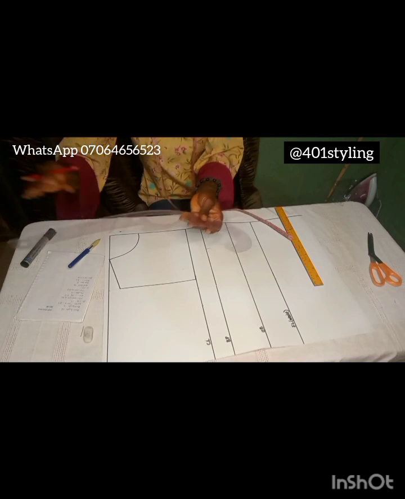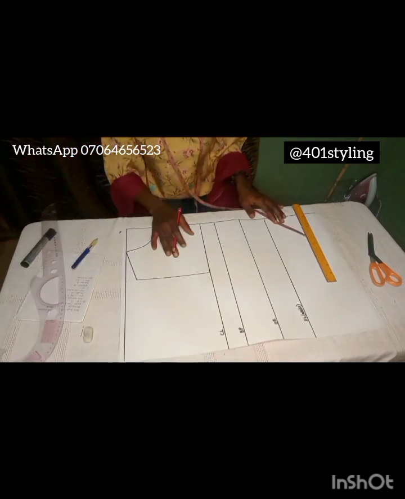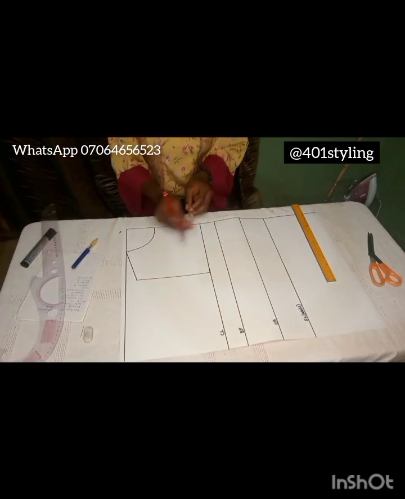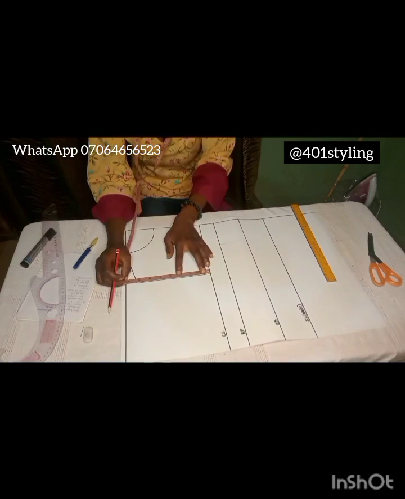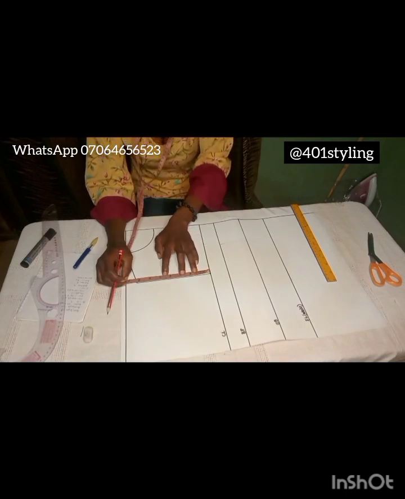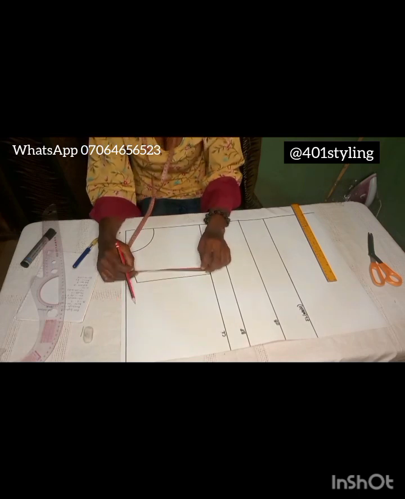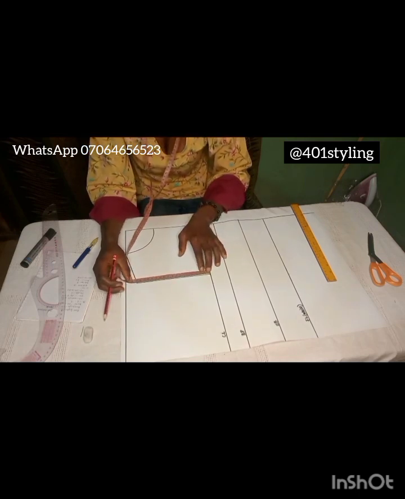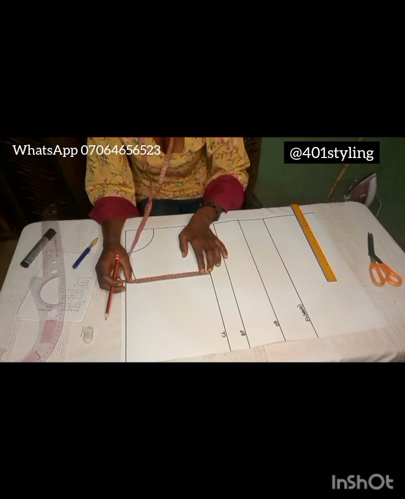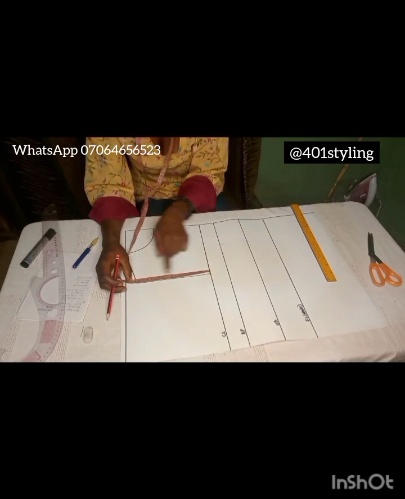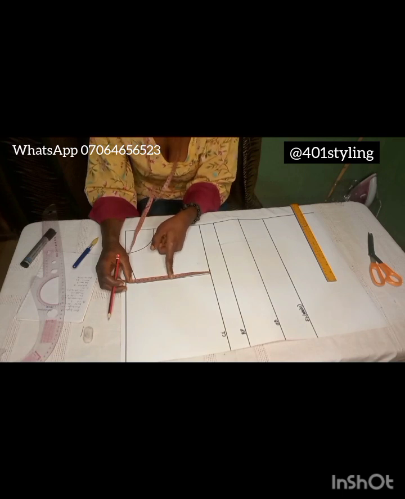To get your armhole, don't forget we have not drawn our armhole. So you come to this line, you measure whatever you have on this line, then you divide by 2. So to save your time, either you make use of the centimeter, just like I've told us. Centimeter is always easier to use. This is 18 centimeters. You just find the midpoint, and that is 9 centimeters.